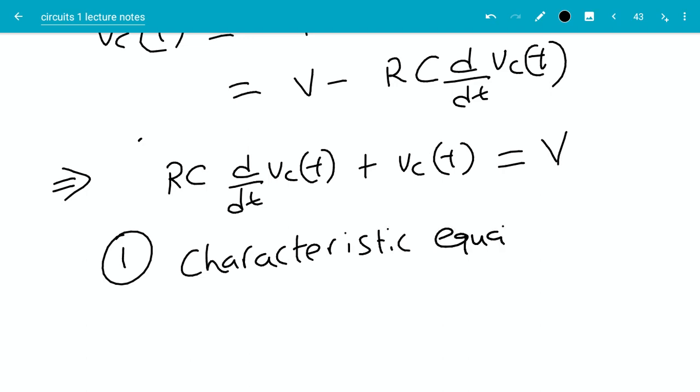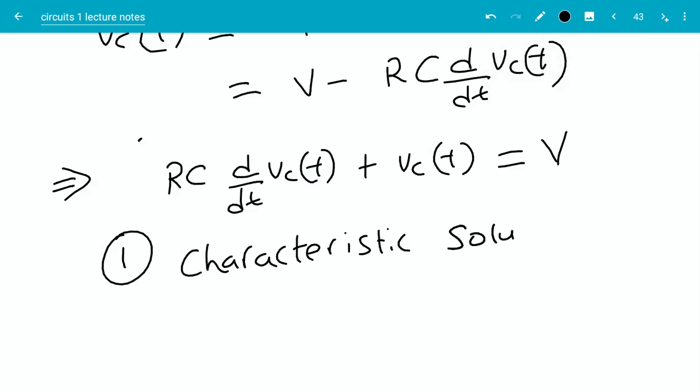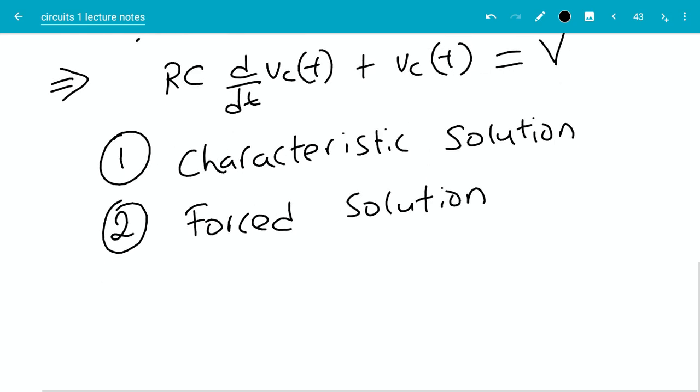So first solve the characteristic equation, and then find the forced solution, and then the actual solution for this differential equation will be a linear combination of these two solutions, right?